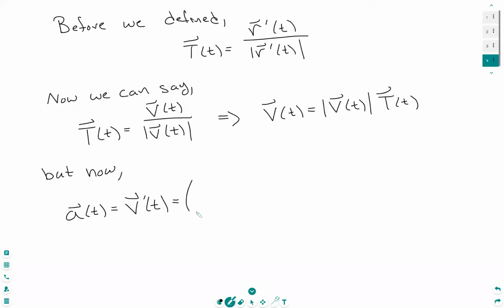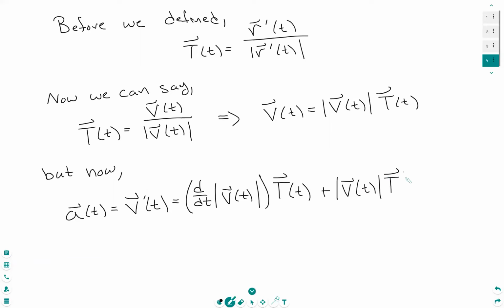We take the derivative of the first, which is the derivative of the speed. So this is not acceleration. This is the derivative of the magnitude of velocity. And we'll get to that in a second. And then we have our unit tangent. And then we have our speed multiplied by the derivative of our unit tangent.